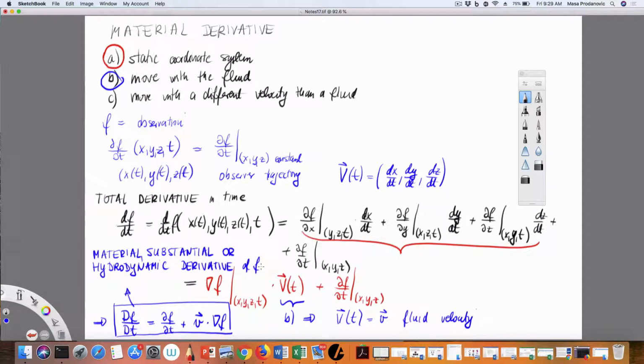But in the case that the trajectory is the fluid velocity, then I'm calling this total derivative the material derivative. I'm moving with the material. Actually, I'd rather the literature took off with hydrodynamic more commonly, but it's more commonly called material. Because hydrodynamic would click in my brain: oh yeah, I'm moving with the fluid. When you tell me material, I'm thinking of solids, but okay.